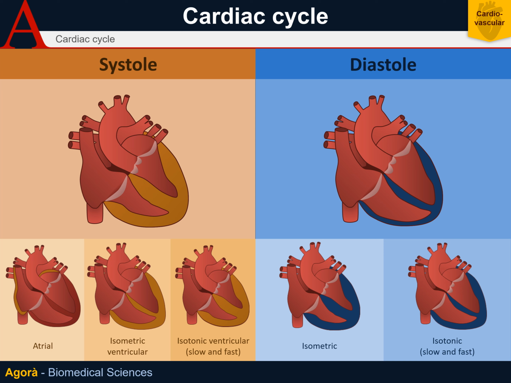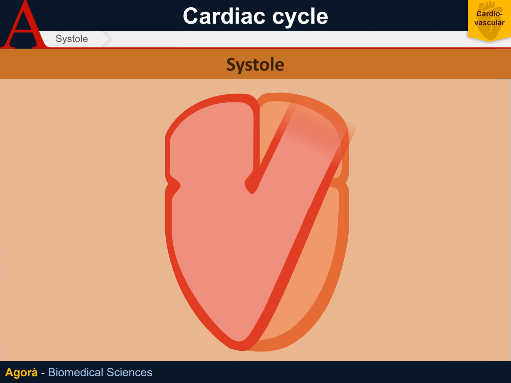Now, we're going to focus more on the single phases and events that occur inside them. Let's start from the atrial systole and have a look at its starting condition. This is going to be our system: atrium, ventricle, artery. The cardiac cycle is the same both on the right and on the left side.